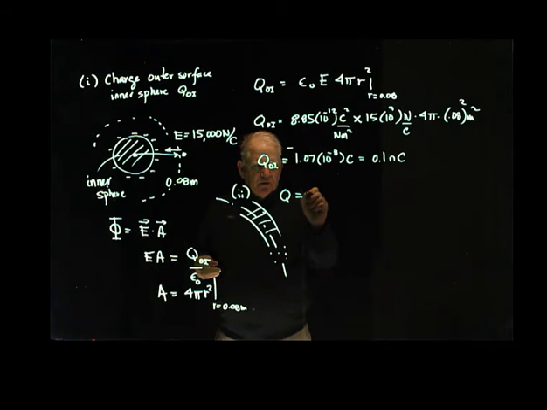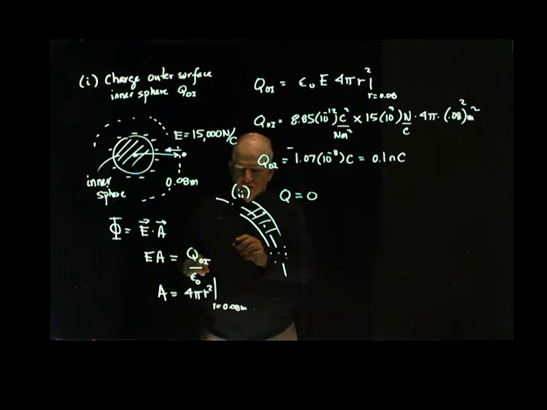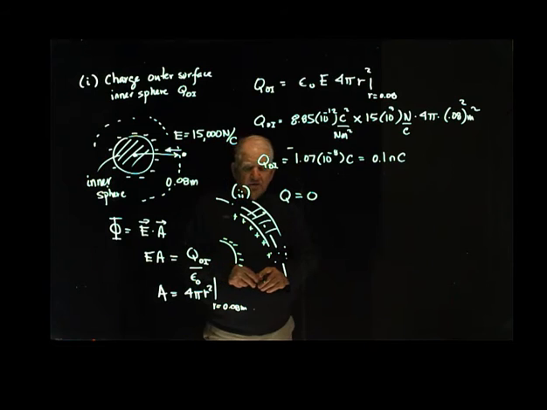The total charge enclosed comprises the charge that's on the inner sphere and the charge that's on the inner surface of the outer sphere.